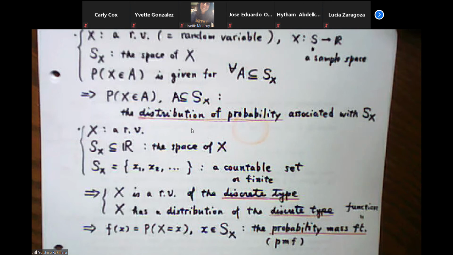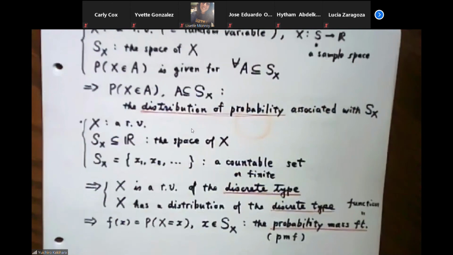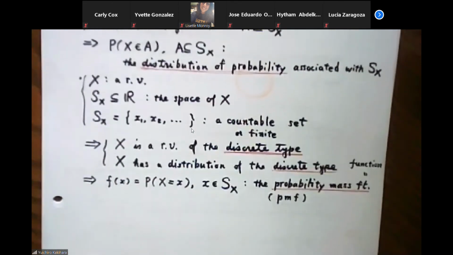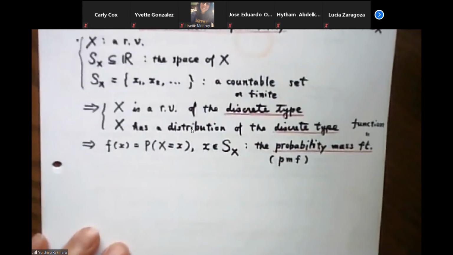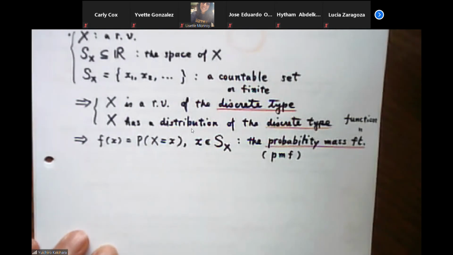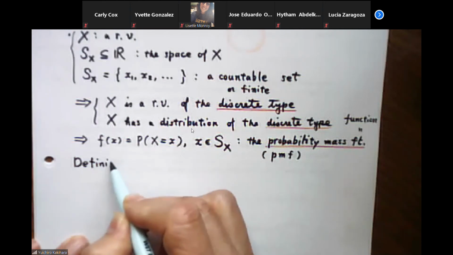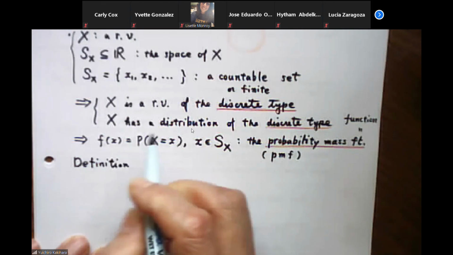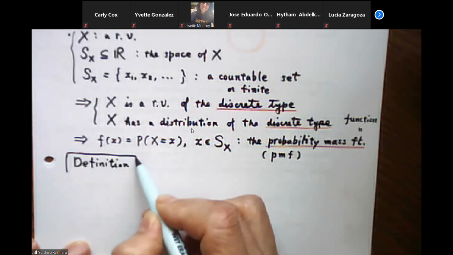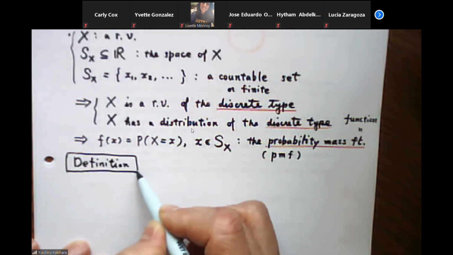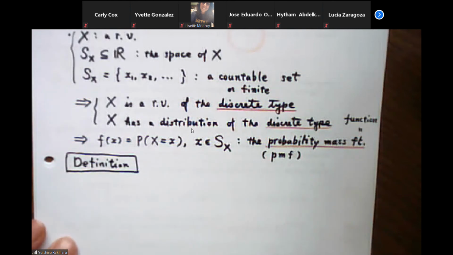And actually, I gave the definition, but here's an official definition, together with the properties of the probability mass function. So we should see the properties of this PMF. Then I will see better. So let's see. Here's a definition together with the properties of PMF.